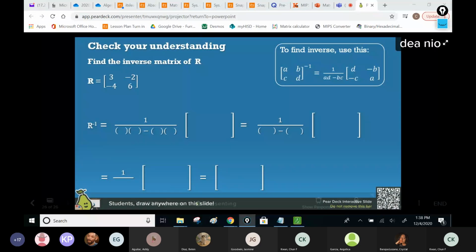All right, the rest of you guys give it a try. All right, nice. Keep the fraction, simplify it. That's it. Good.